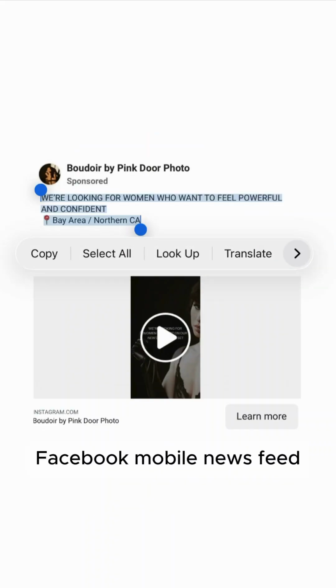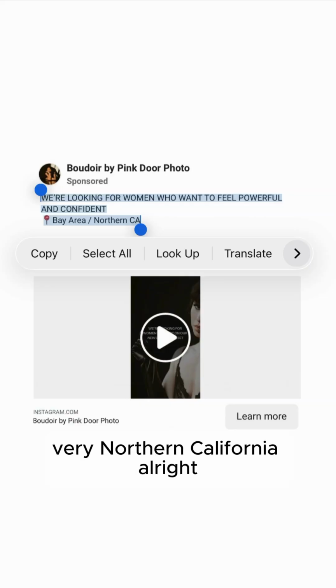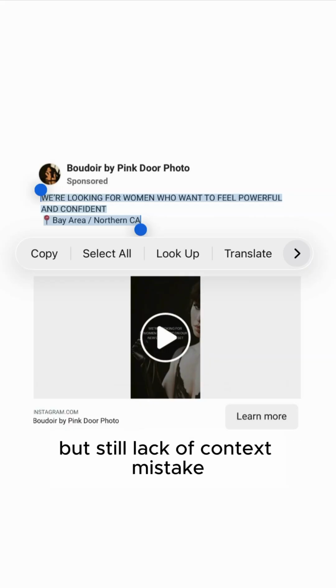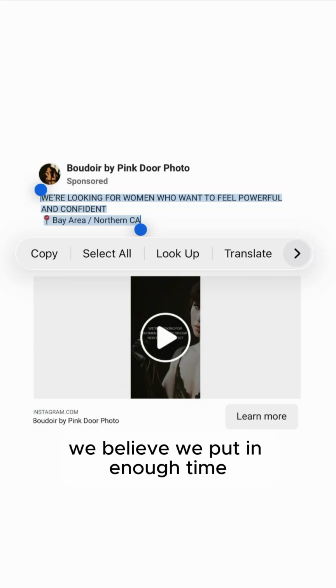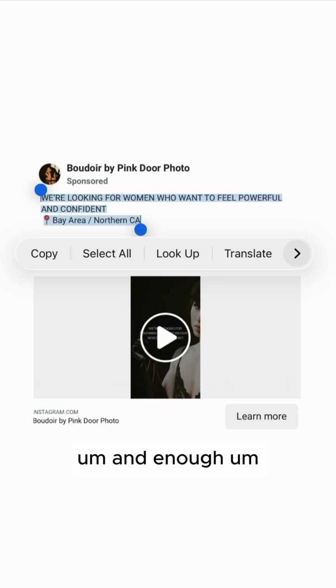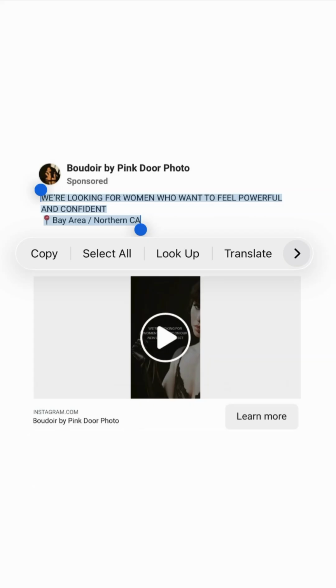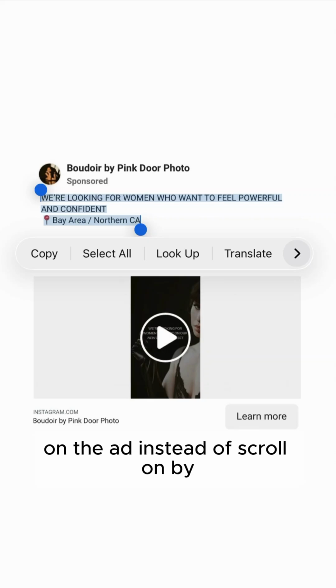Finally, we're going to look at the boudoir low click, or the Seymour headline here. First 2 3/4 lines, Facebook mobile newsfeed: Looking for women who want to feel powerful and confident. Bay Area, Northern California. All right, so we got a little bit of context, but still a lack of context mistake. The false belief that caused us to make this mistake is that we believe we put in enough time and enough planning and execution to come up with a Seymour headline that will have women stay and click somewhere in the ad instead of scroll on by.